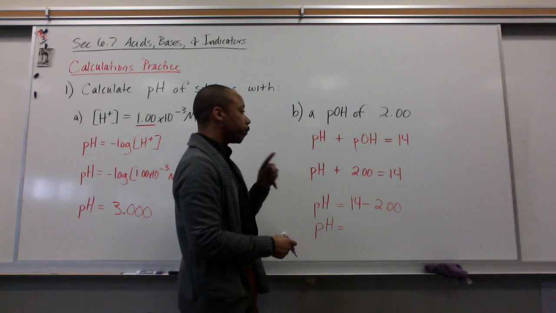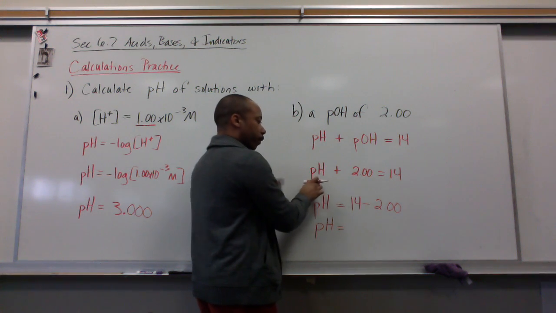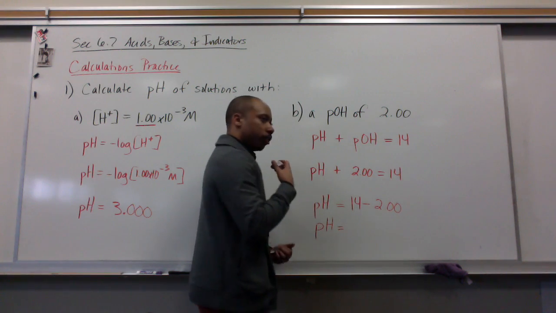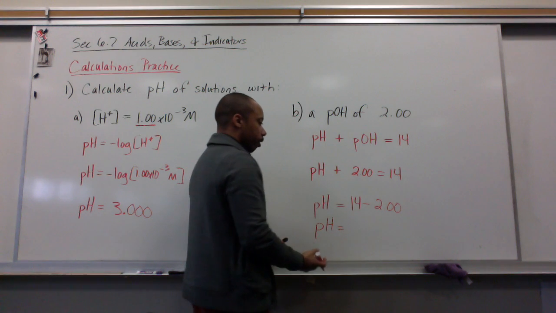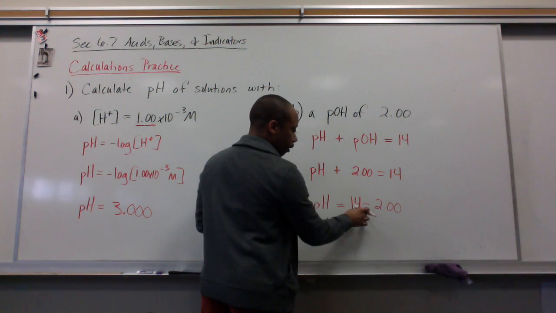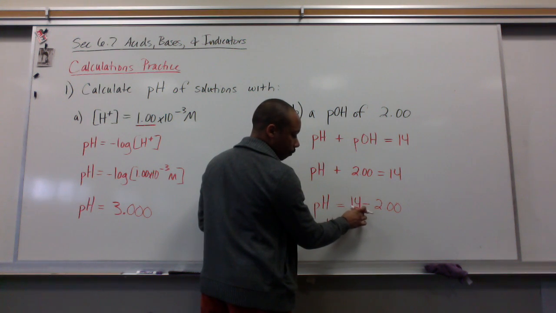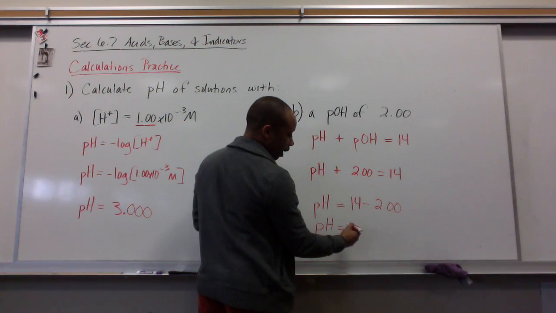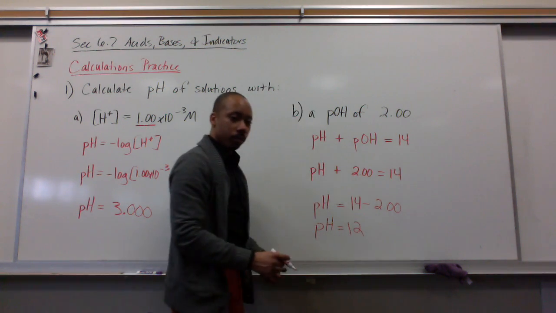So if I have a pOH of 2, I plug that in for pOH, and I want to know the pH, I can rearrange this equation, and pH is equal to 14 minus 2. Your significant figure rules for addition and subtraction apply here. You go by your least precise number, so you only have 2 significant figures here, but there's no decimal place. So your pH is simply 12.